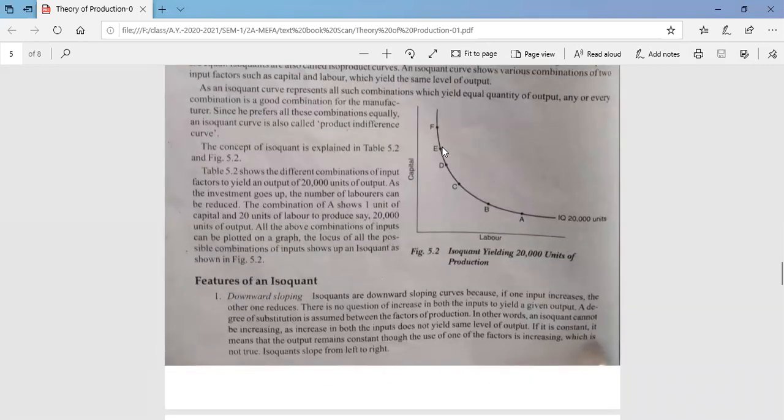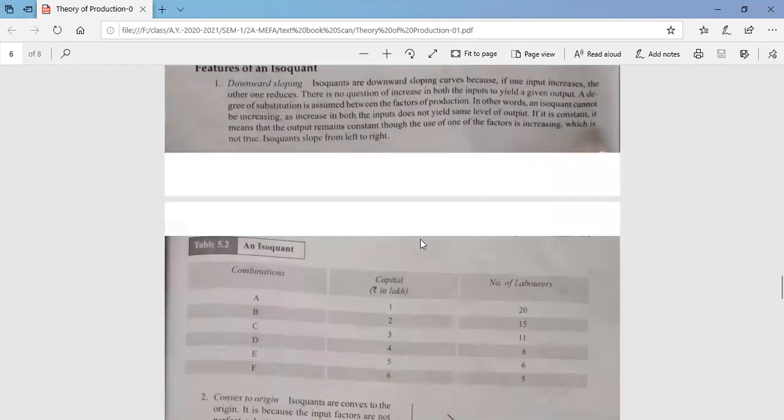If the curve touches the y-axis, the labor is 0, and we have some particular amount of capital. Even though you have capital, if there is no labor to produce the goods, it's useless, right? So that curve is not going to touch any of the axes. That thing we have to keep in mind.